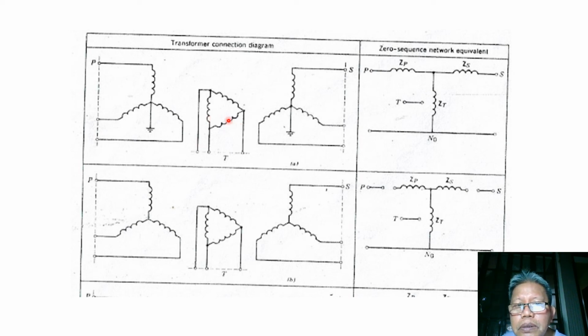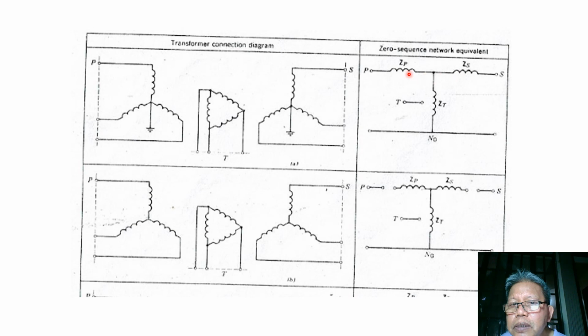Now with respect to the tertiary, between the primary winding and the secondary winding, remembering our representation for the three-phase three-winding transformers, the equivalent circuit is that we have three connections.